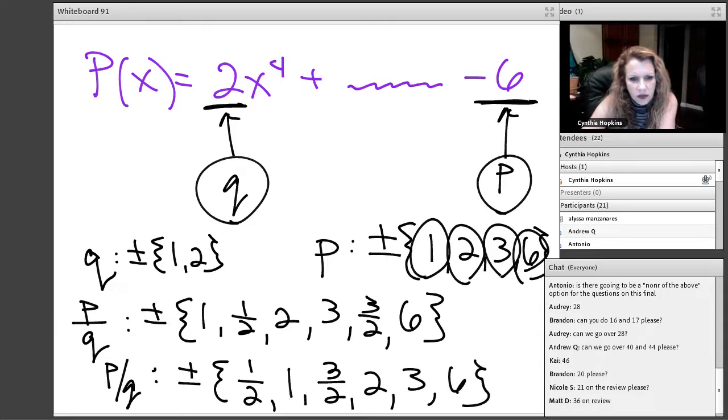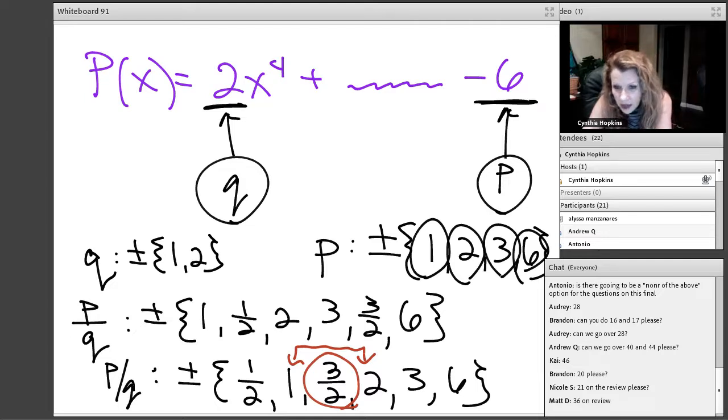Maybe count: 2, 4, 6, 2, 4, 6. Yep, I got them all. So I was saying, if I get a sign change between 1 and 2, wouldn't that tell me to look for a zero on my list of P over Qs that lands between 1 and 2? And there is, 3/2. So that's why I put my list in order from smallest to largest.